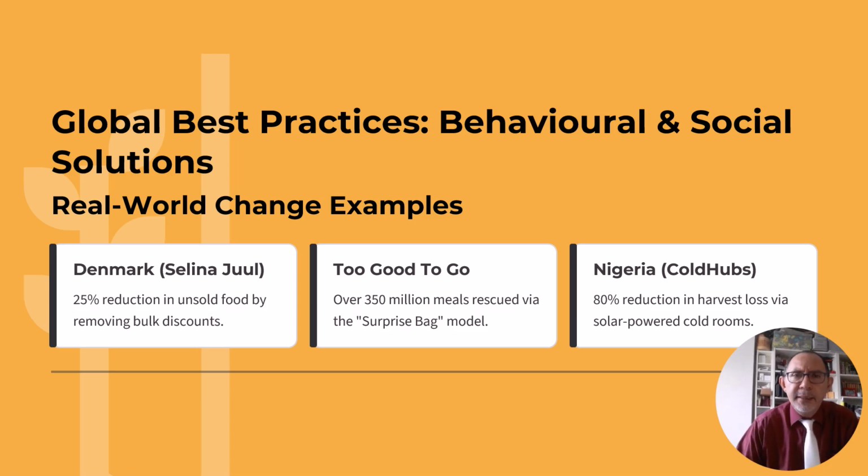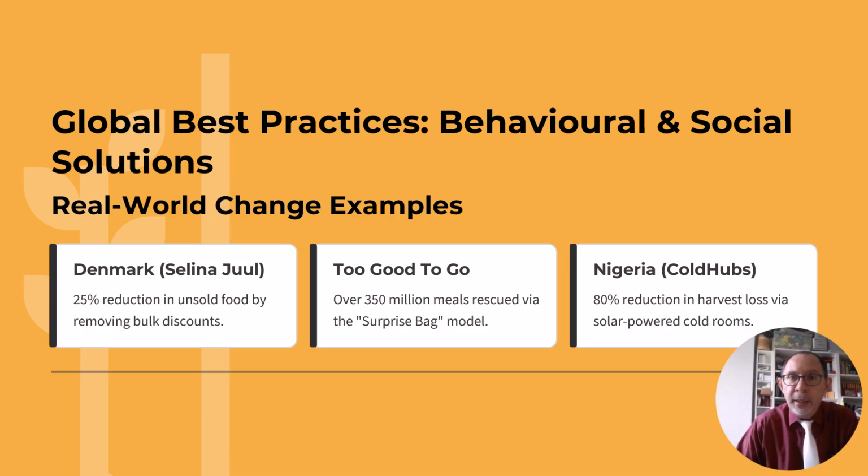Another example is ColdHubs in Nigeria. It reduces harvest losses by 80% with solar-powered cold rooms. ColdHubs, founded by Nnaemeka Ikegwuonu in Nigeria, offers an innovative solution to logistical and storage challenges through solar-powered plug-and-play cold rooms in regions where up to 40% of fresh produce is lost due to the lack of cold chain infrastructure.